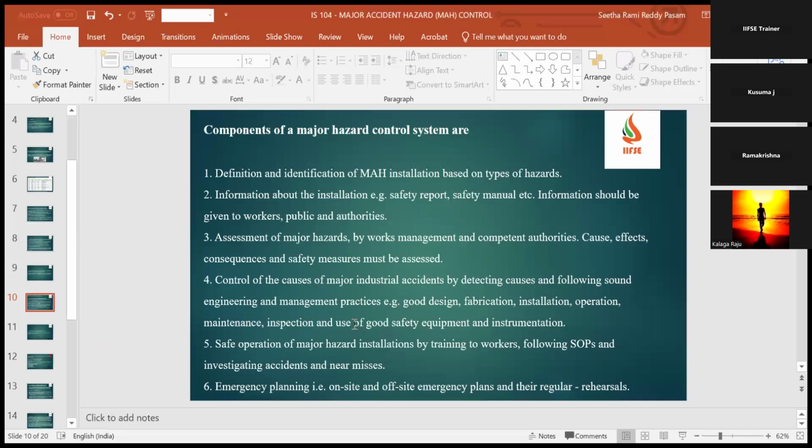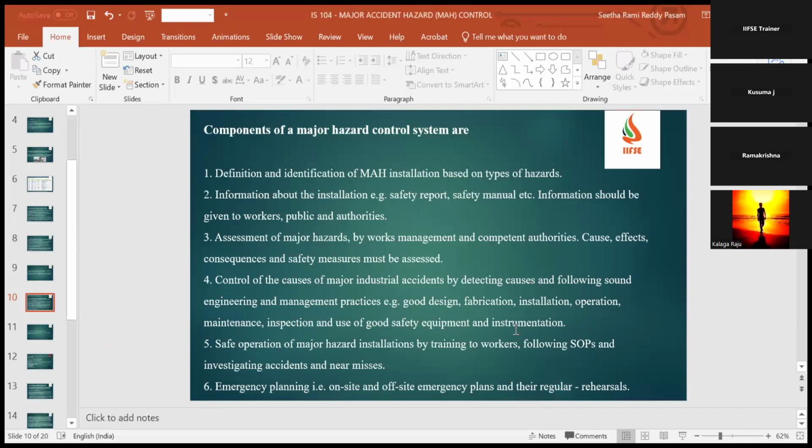Then assessment of major hazards by works management and also competent authorities. Causes, effects, consequences, and safety measures must be assessed. So here you have to assess the hazards as well as the impacts associated with the identified hazards by the competent authorities.